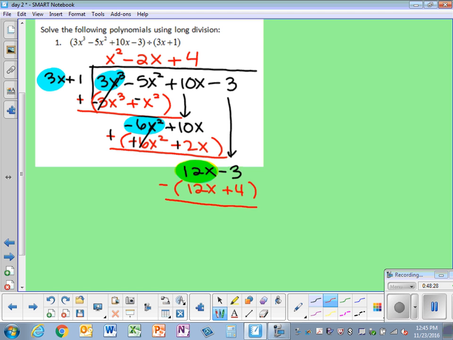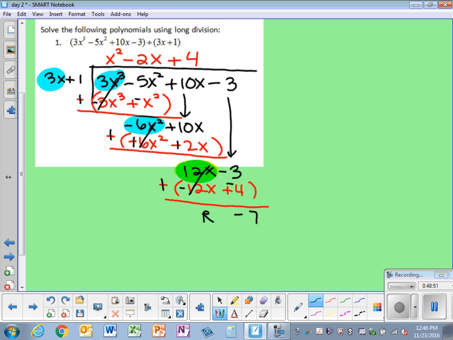Parentheses, subtract. Distribute your negative, so plus, minus, minus. Of course, the first ones cancel out. What's negative 3 plus a negative 4? Negative 7. Do I have anything else to bring down? No, so this is your remainder.